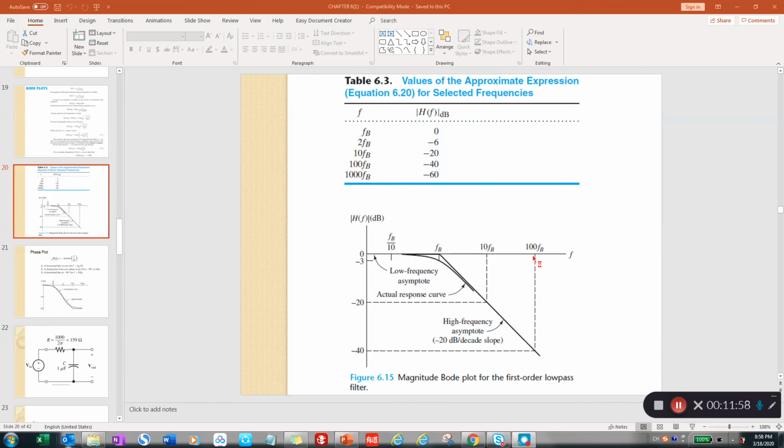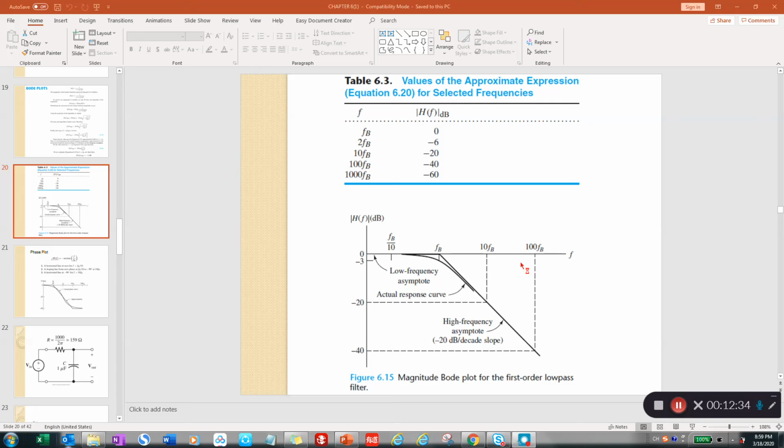If you want to continue to figure out the frequency which is 100 times the break frequency, you can draw another point. If the frequency is 100 times the break frequency, then the amplitude will be -40. So you can draw this line. And for this line, we know the slope is -20 dB per decade.